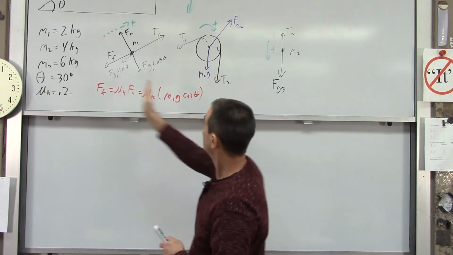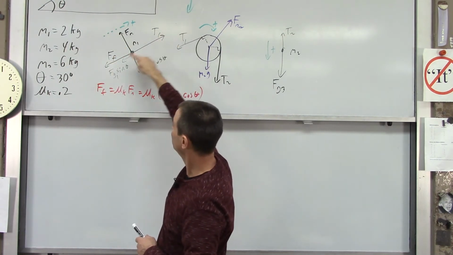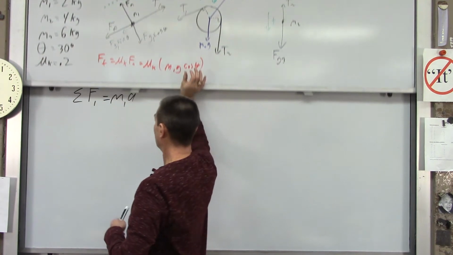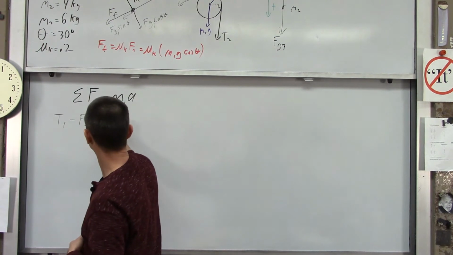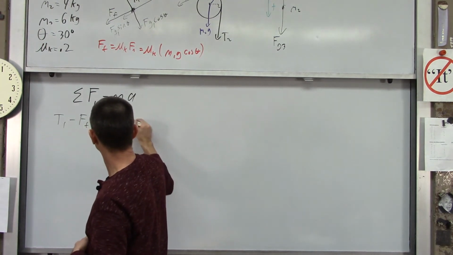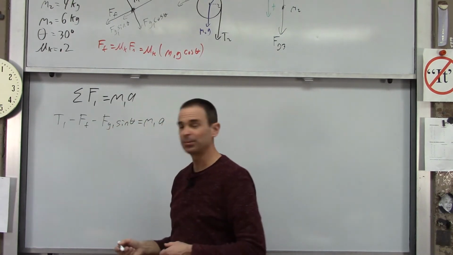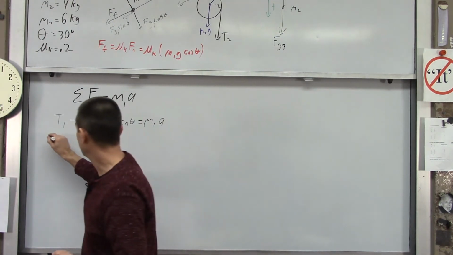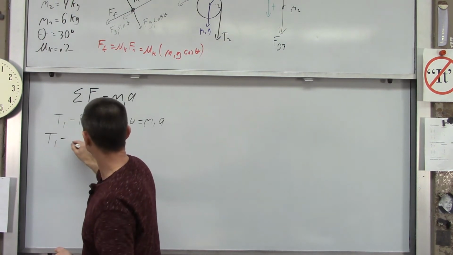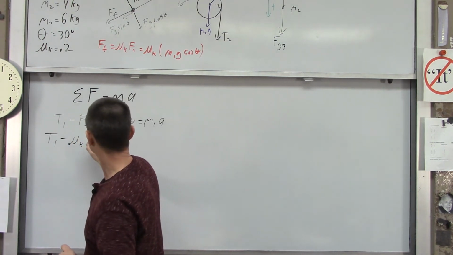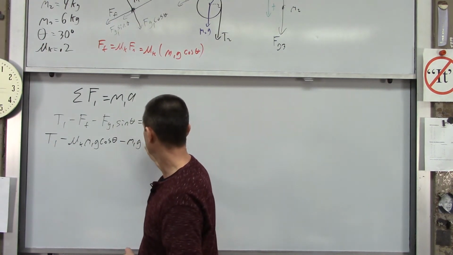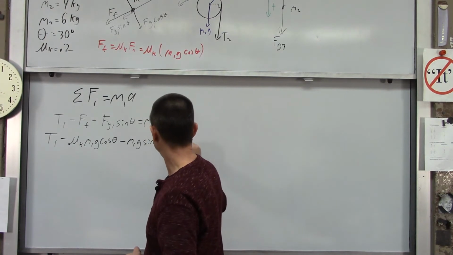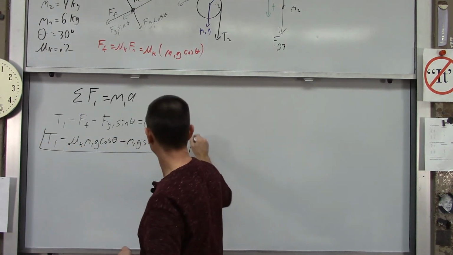In this problem, up the ramp is positive, so that is positive, and these two are negative. So I write T1 minus force of friction minus Fg1 sine theta equals M1A. Notice subscripts are critical here. Then T1 minus FF, which was mu sub k times m1g cosine theta, there's your friction, and then minus m1g sine theta equals m1a. So there's one equation, for block 1.